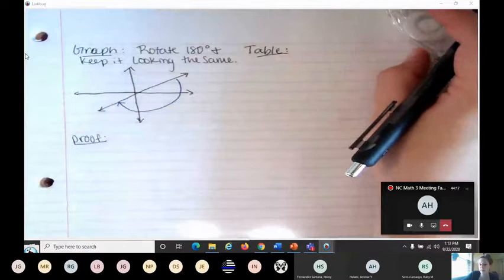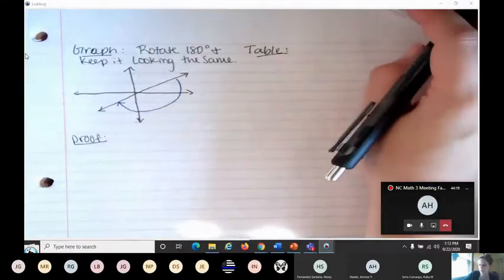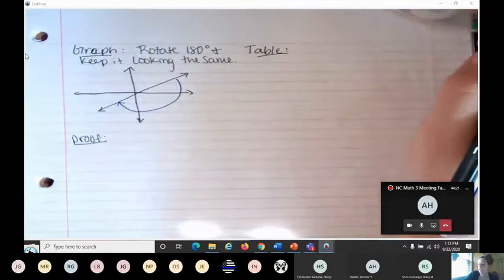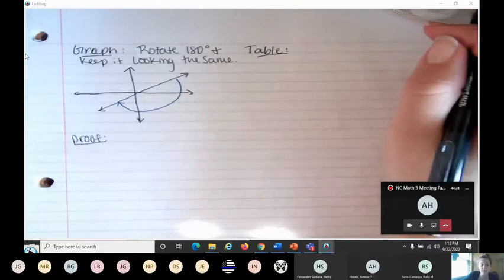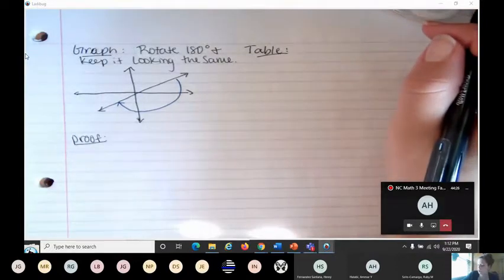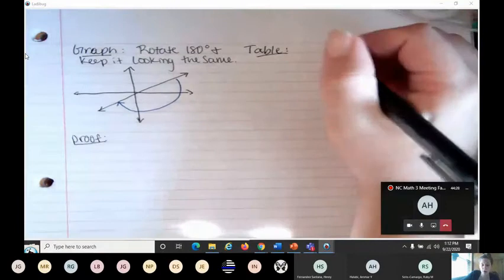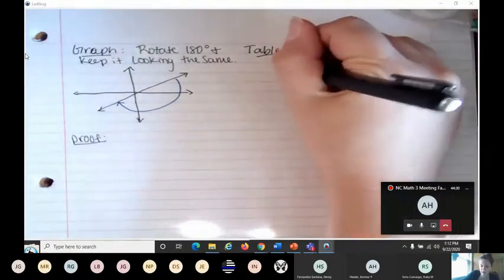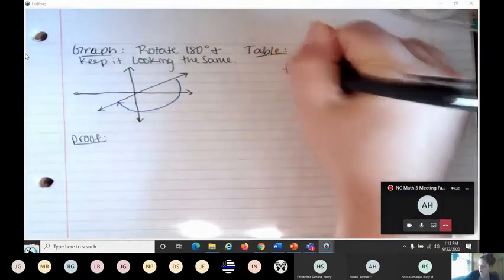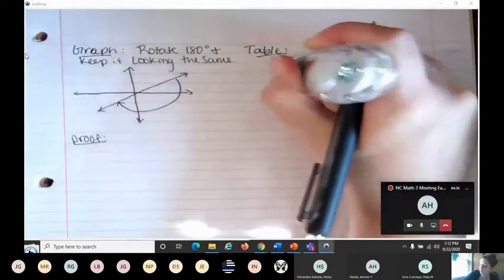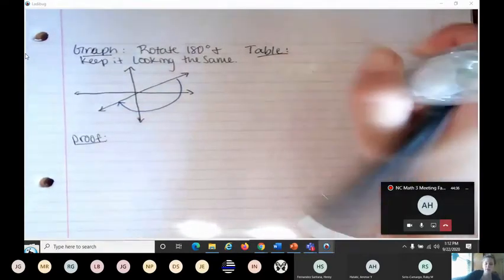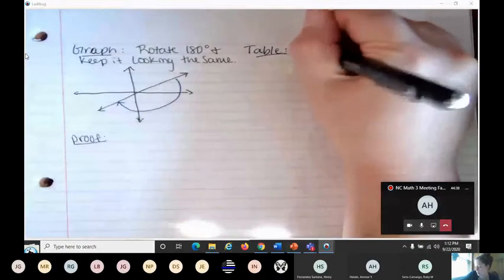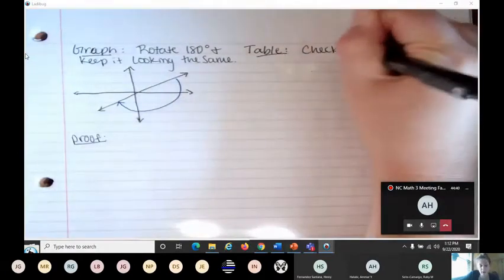It's a little harder to visualize that with all functions. So the table is probably the easiest way to check. So for odd, we're going to check f of a. Well, okay, yes. Okay, for the table test, we check f of a.